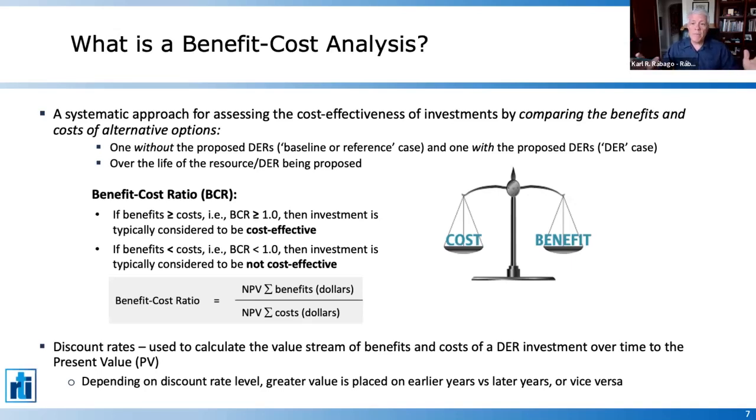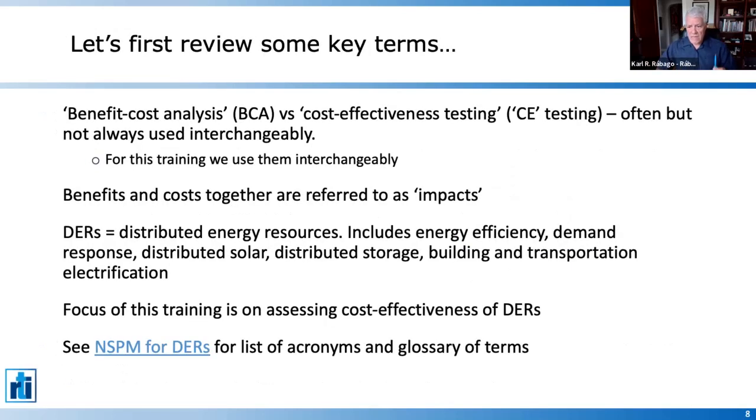So big picture ideas: compare with and without, gather the stream of costs and benefits, compare them to each other using net present value analysis to come up with an outcome, a benefit cost ratio. So more key terms, just to be very, very clear, benefit cost analysis and cost effectiveness testing are also used often interchangeably, though not always.